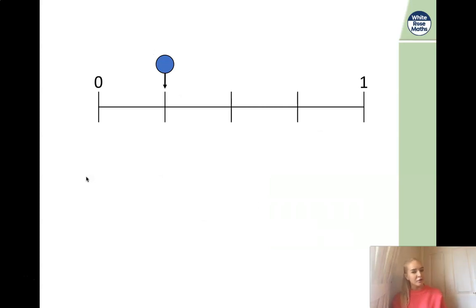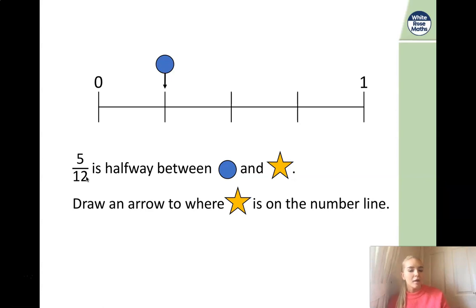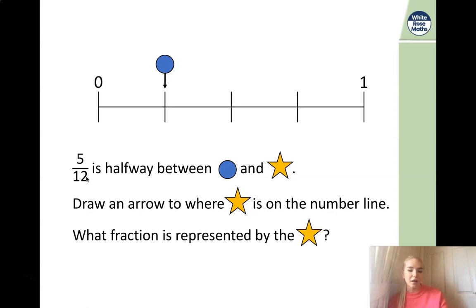I've got a problem solving question for you now, and I wonder if you can help me work it out. So we're going to give you some facts and we're going to ask you to work out the answer. So 5/12 is halfway between circle and star. But we don't know where star is, so we need to draw an arrow to where star is on the number line.